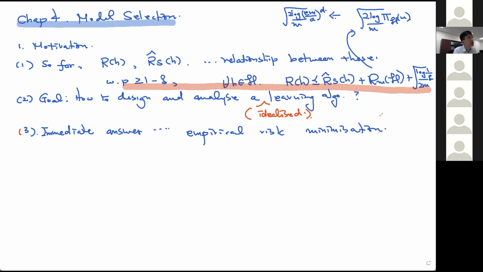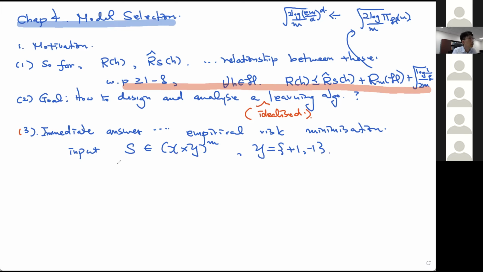What is the idea? The empirical risk minimization is given input, which is a sequence of labeled examples, input x and output y, of size m. And then we're gonna assume we consider a classification problem, so output is just -1 or +1. So we are given something like this.